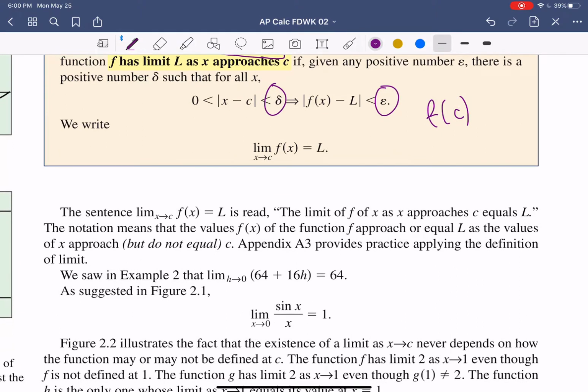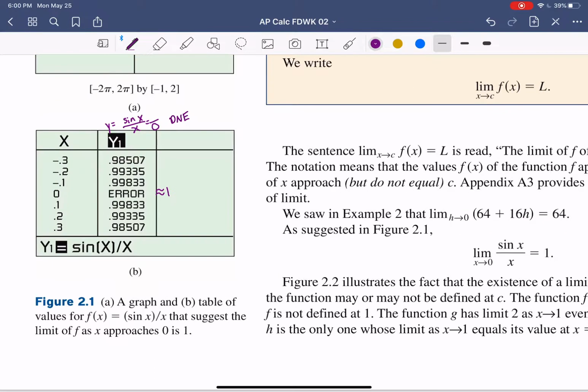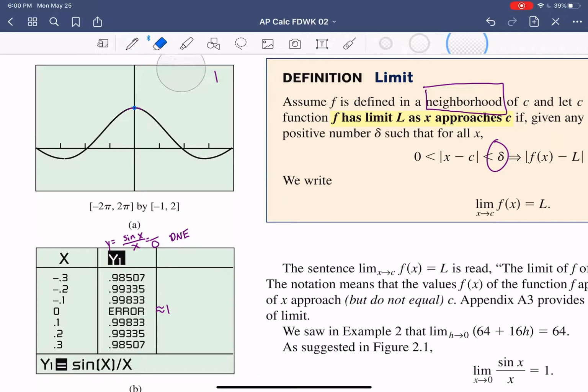So here is a function that we're going to take a quick look at. We have this function, f of x is equal to the sine of x divided by x. We have this function graphed and a table for it over here on the left.